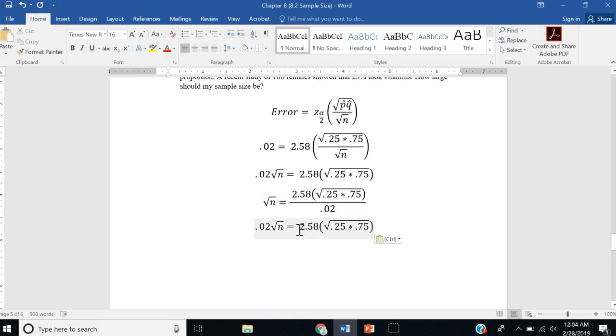So square root of n is equal to right about 55.8586, blah, blah, blah. In order to get rid of the square root, I'm going to square both sides.